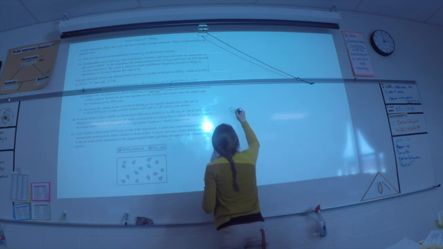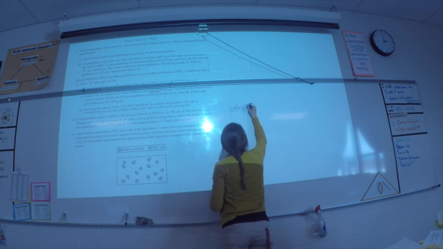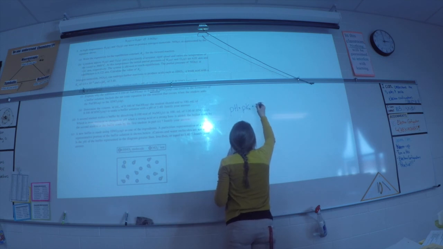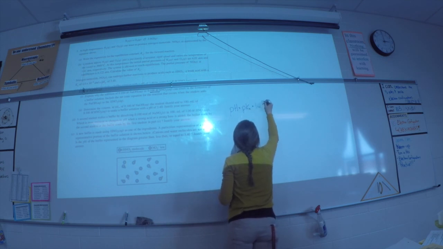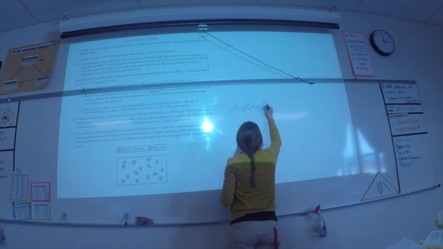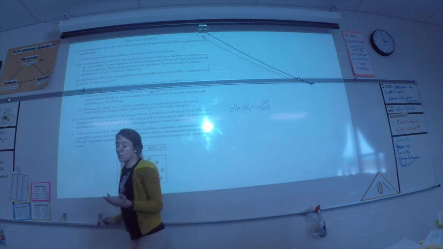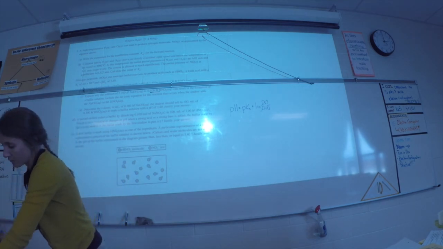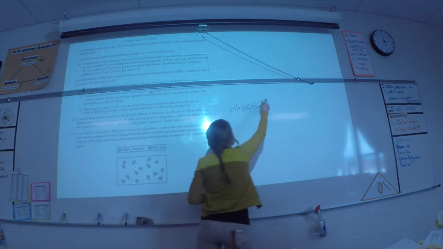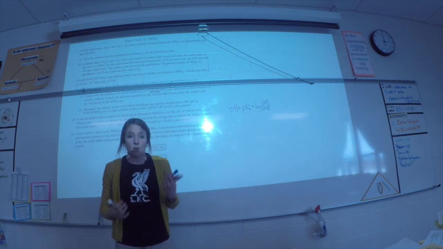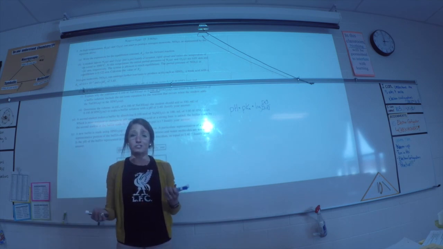So pH equals pKa plus the log of the base over the acid. Okay? So before, when we wanted the pH to be exactly 3.4, we knew that the A minus needed to equal the HA. Well, now the question is, how has the pH changed?